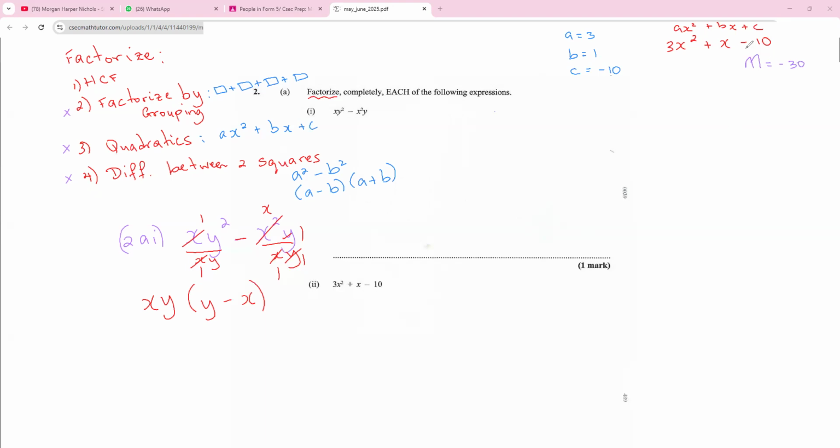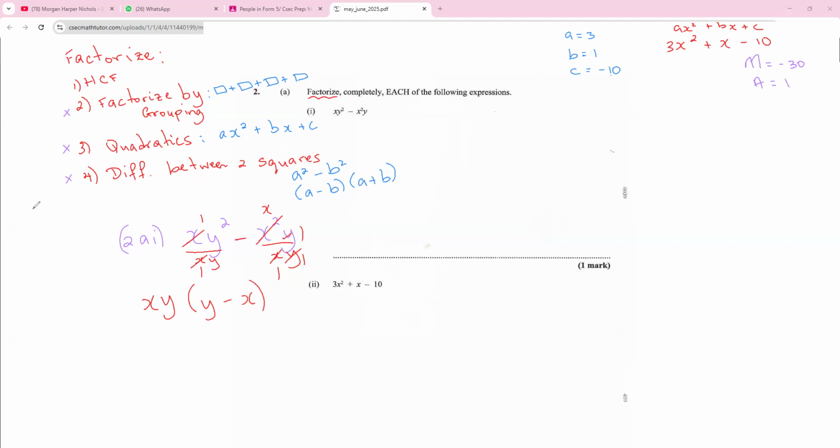So I multiply a times c and I got negative 30. And I want two numbers which when multiplied together will give me negative 30, and when added or subtracted will give me the value in front of x, which is b, and in this case is 1.